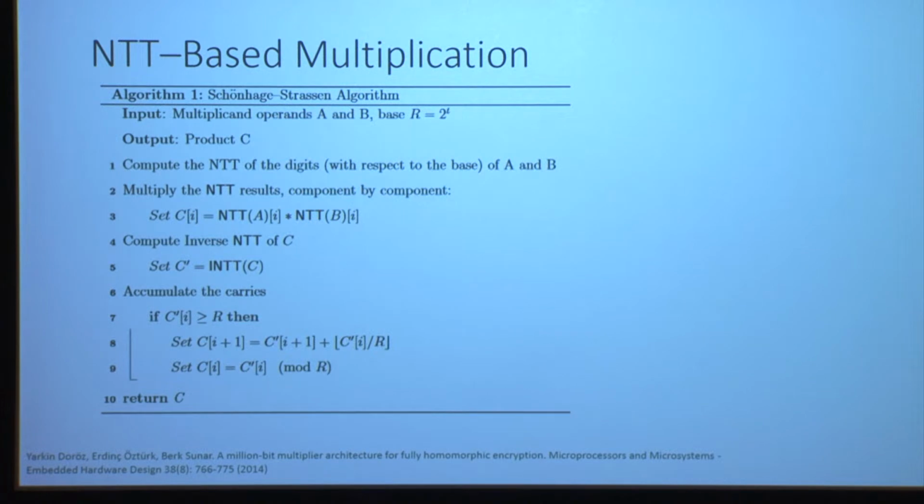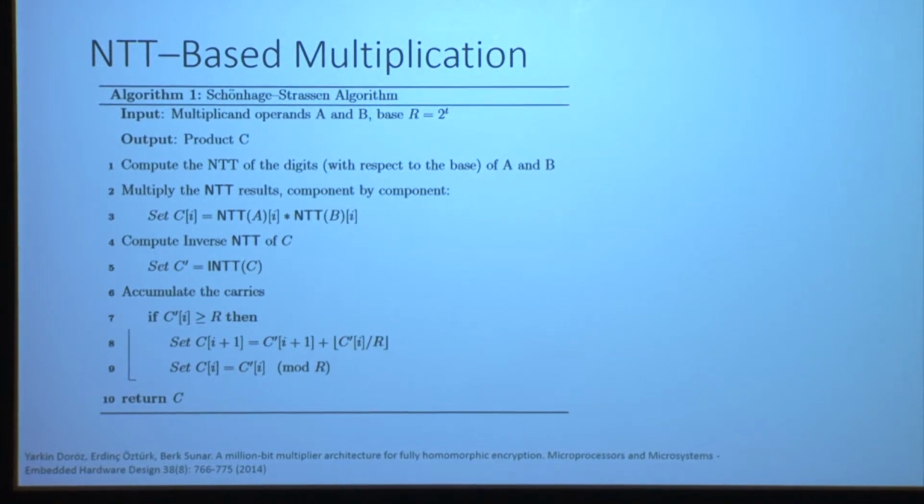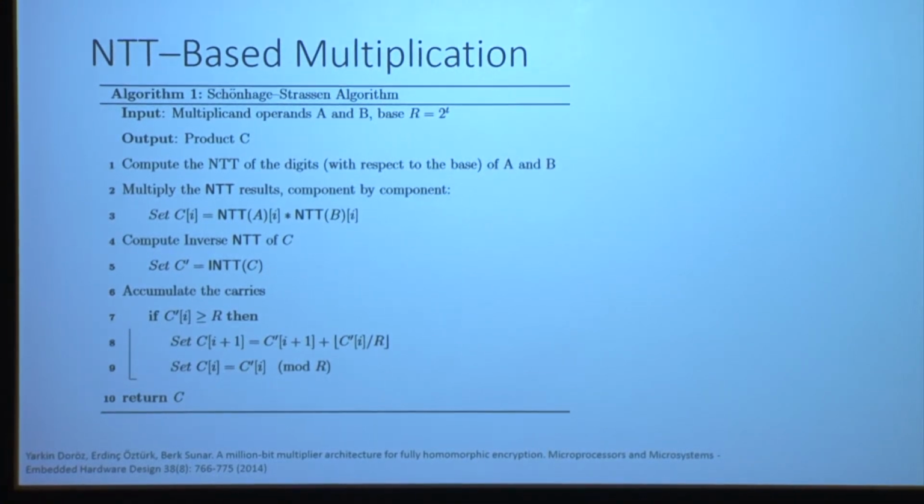You take the NTT of the digits with respect to the base of A and B, multiply the NTT results component by component, then you do inverse NTT, and then you accumulate the carries. I'm not going to get into details. I just want to show you that these are out there. We worked on this, and this is from a paper that we wrote about a million-bit multiplier.